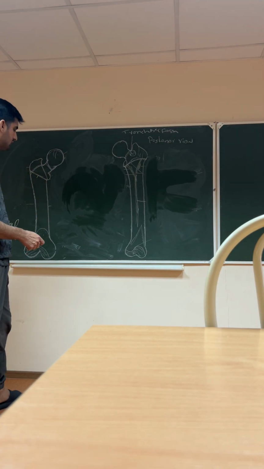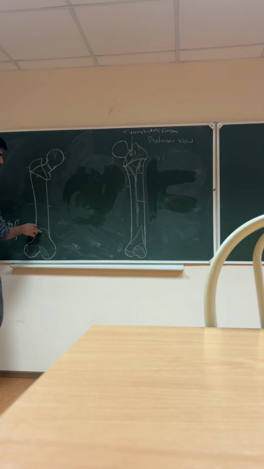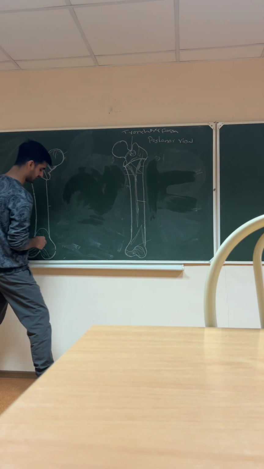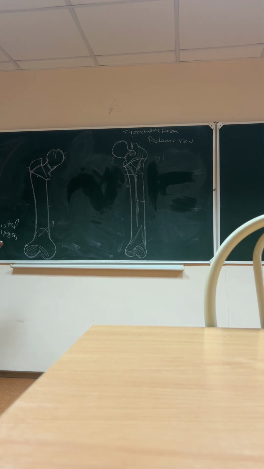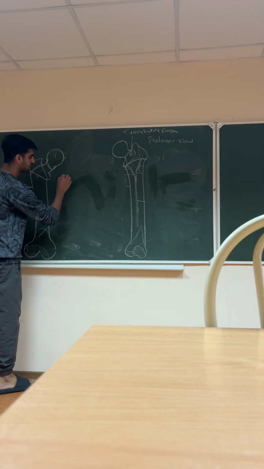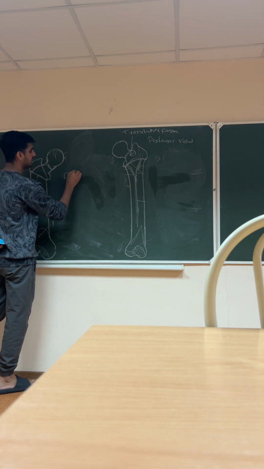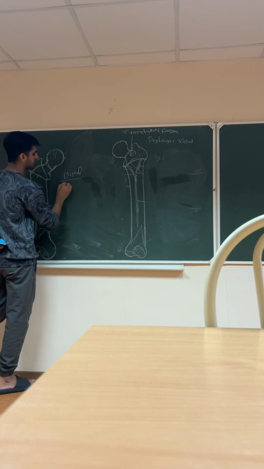Here this is anterior and this is posterior. Which formations do we have here? In the posterior view, which bone articulates with this surface? The patella, a big sesamoid bone.